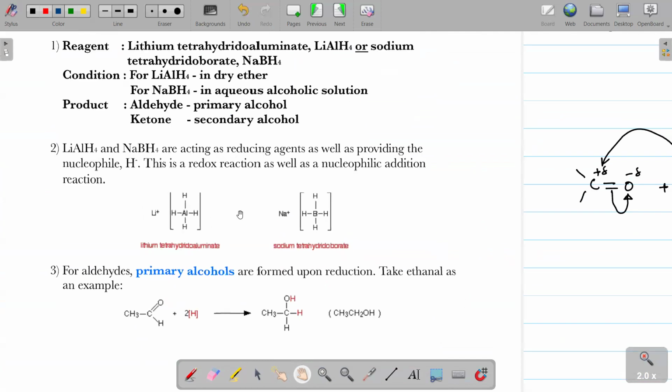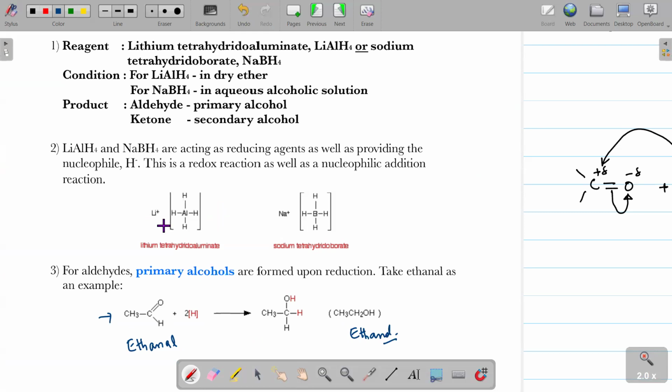So if we have, let's say, aldehydes, we will get primary alcohol. As you can see in this reaction, it's ethanol, two carbon atoms with this functional group. On reduction, that will give us ethanol, a primary alcohol. Is it clear?